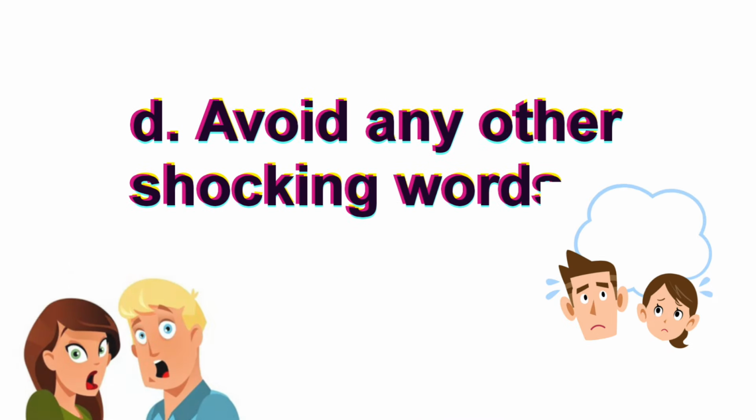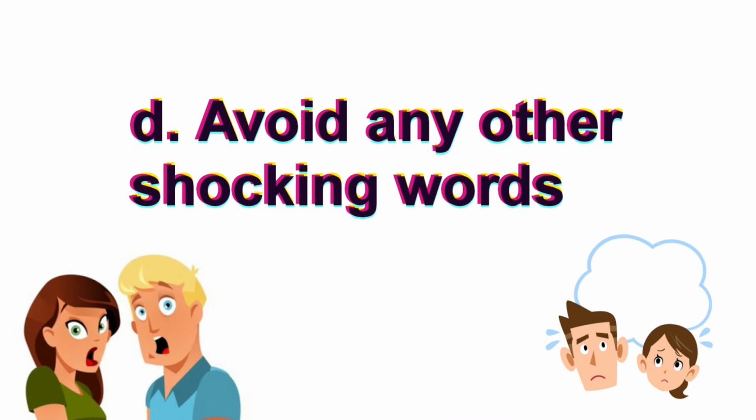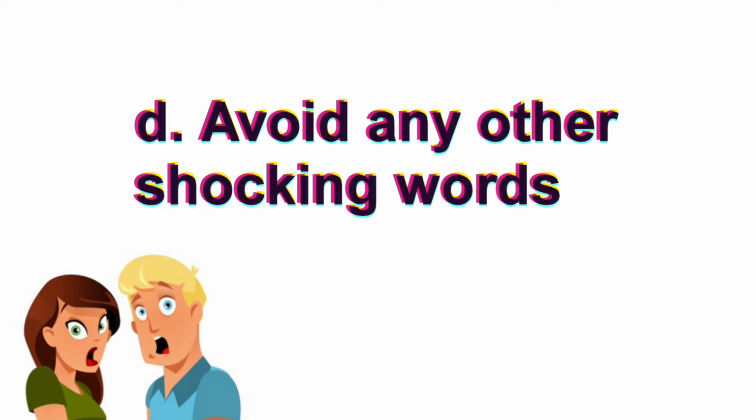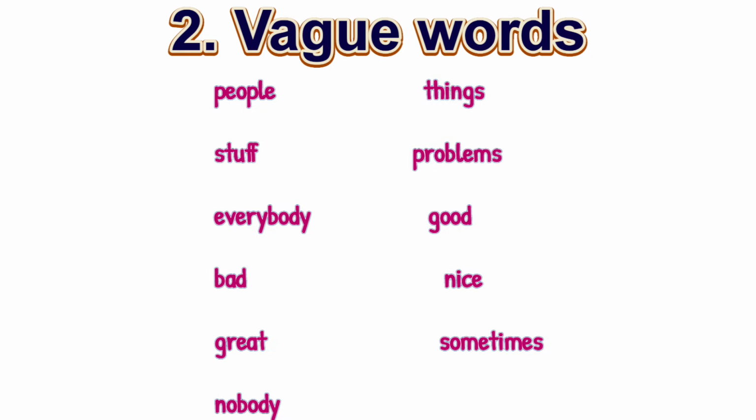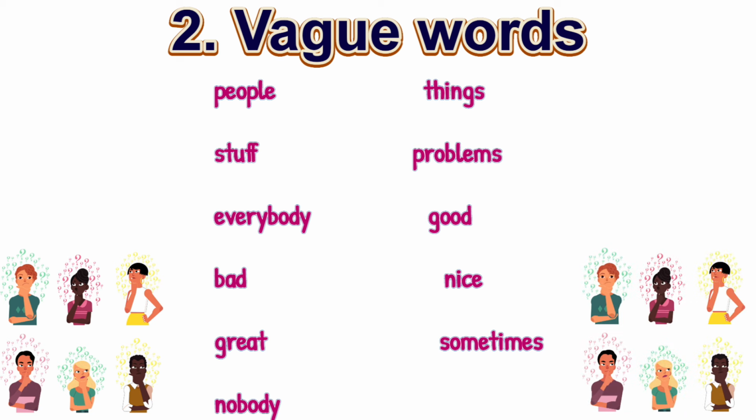As a good writer, you must also try by all means to avoid any other shocking words. You are not writing to shock people, but you are writing to put your message across in a very clear manner. When writing, we must also try to avoid being vague or using vague words.